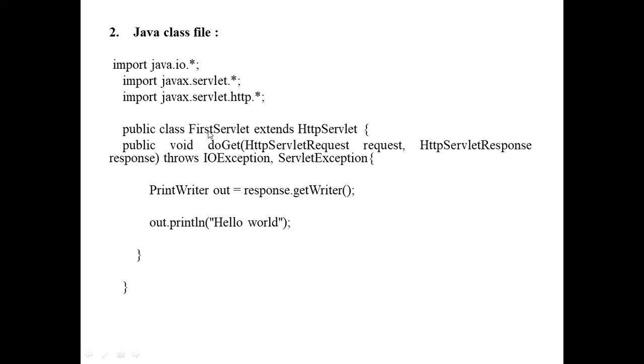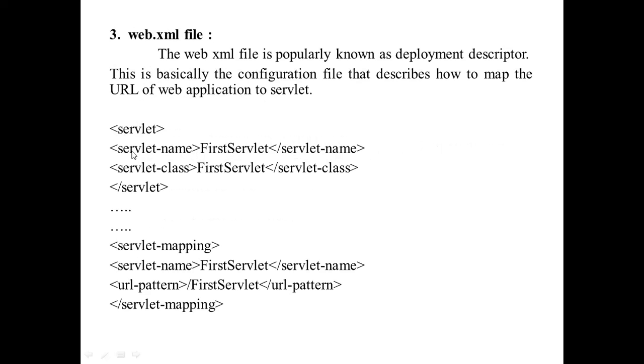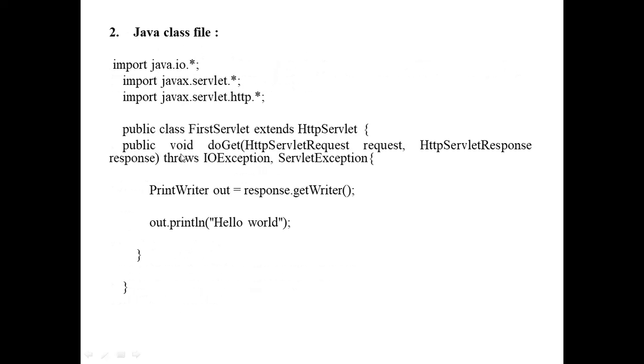Here we use the method doGet. So public void doGet(HttpServletRequest, HttpServletResponse) throws IOException and ServletException. Then in that doGet method, here create an object of PrintWriter: PrintWriter out = response.getWriter().